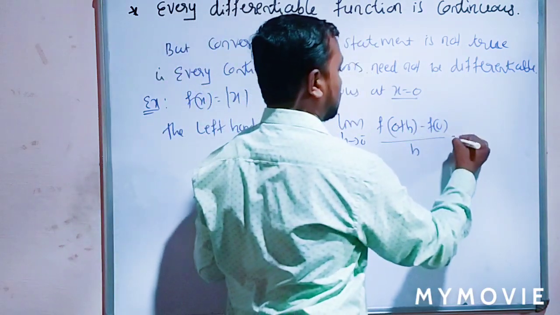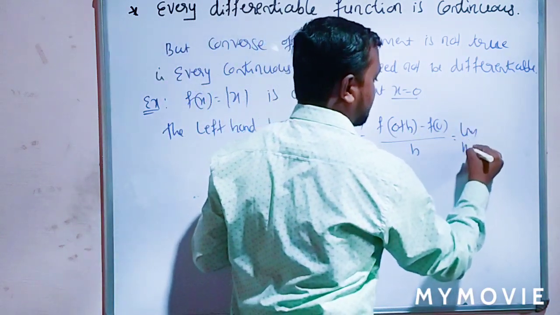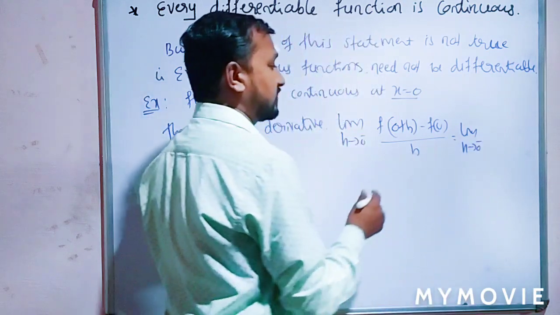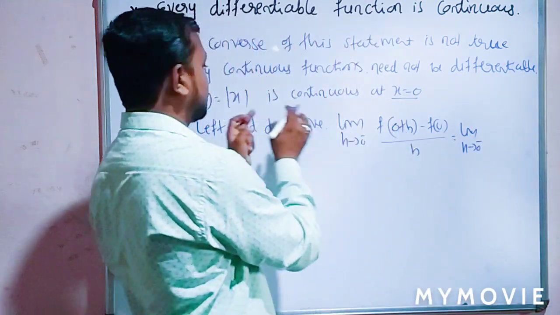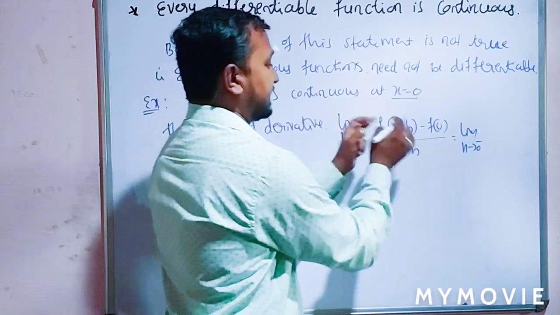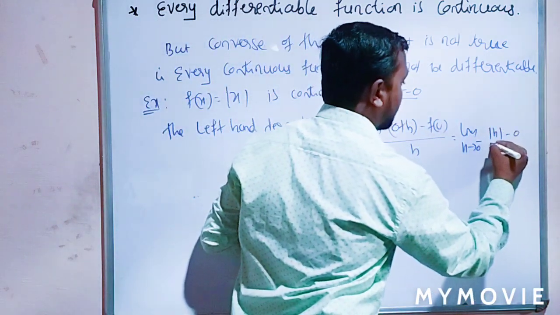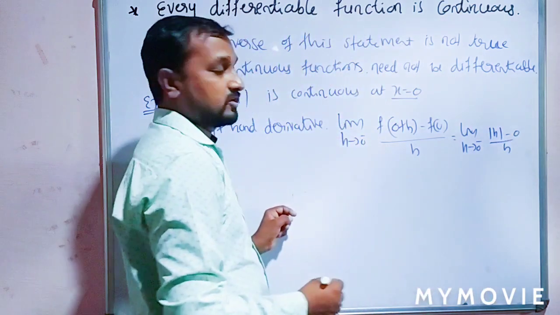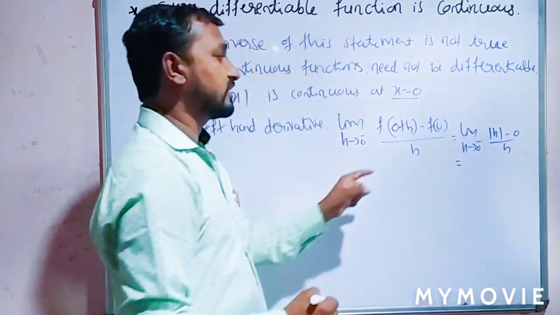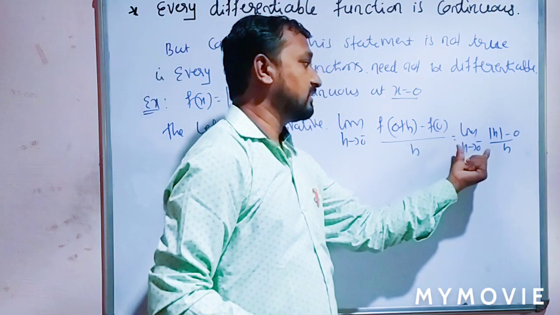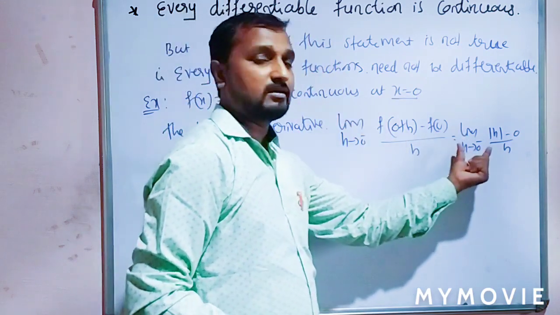That is equal to limit of h tends to 0 minus, by the left hand rule. f of x is nothing but mod x, so f of h is mod of h minus 0 divided by h. That is equal to the corresponding LHL, or left hand derivative.